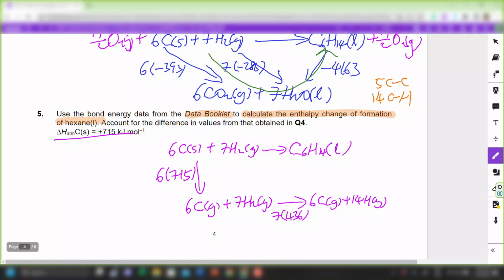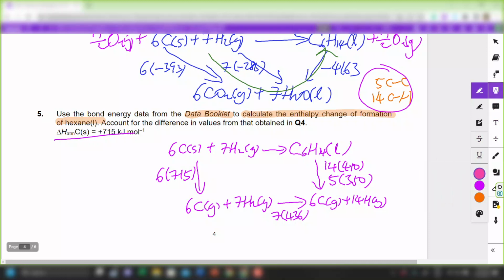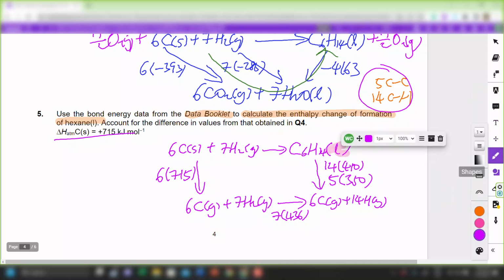Then I've already counted the number of CC bonds and CH bonds, so I'm going to continue from here. I'm going to take 14 multiplied by 410, which is the strength of the CH bond, and then 5 multiplied by 350. You notice that I did not convert my hexane from the liquid phase into the gaseous phase.